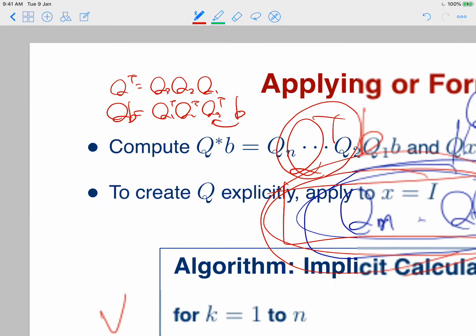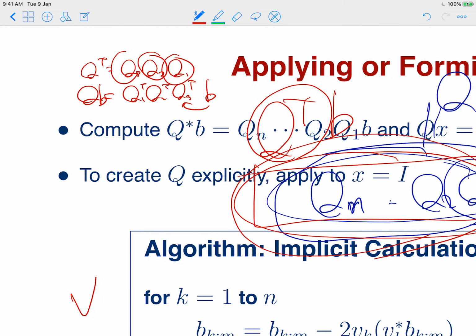If we imagine how we form Q1, Q2, and Q3, they embed the reflector matrix F into smaller and smaller regions on the bottom right.